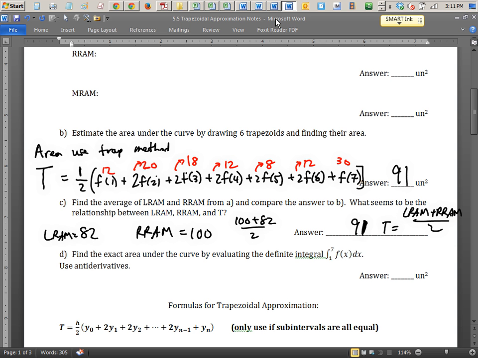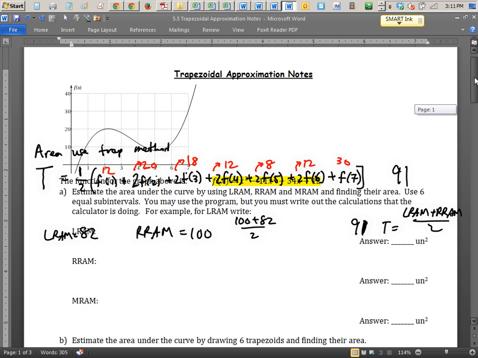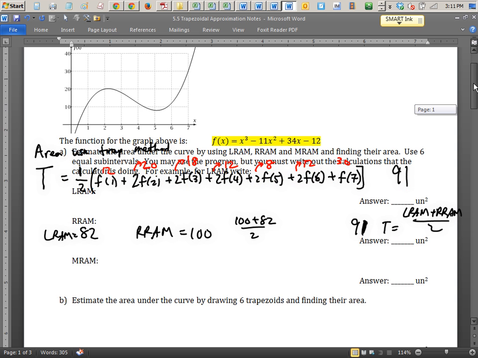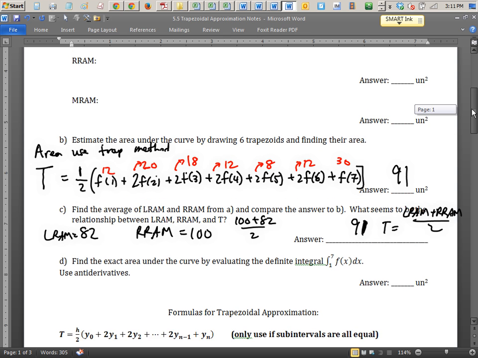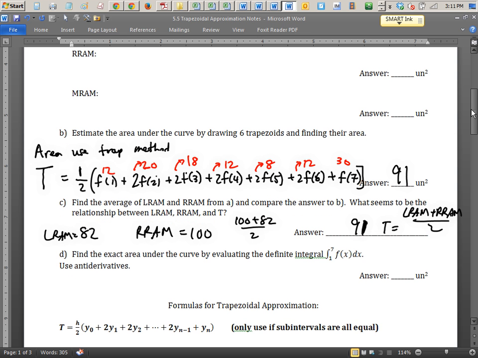So our function is still up here at the top of the page. Let me scroll back down. Okay, what you can do is run through and do an antiderivative, get the exact area if you want.